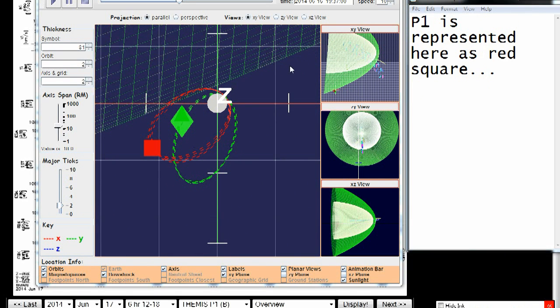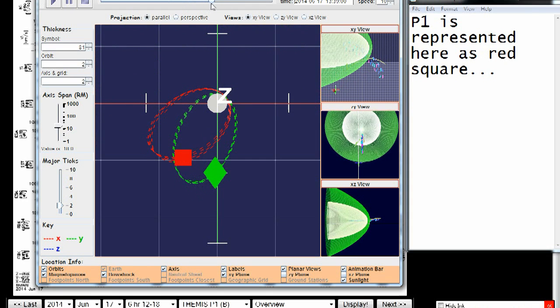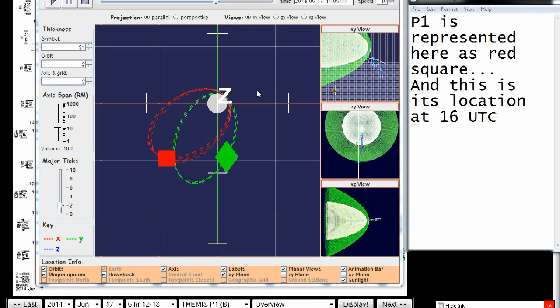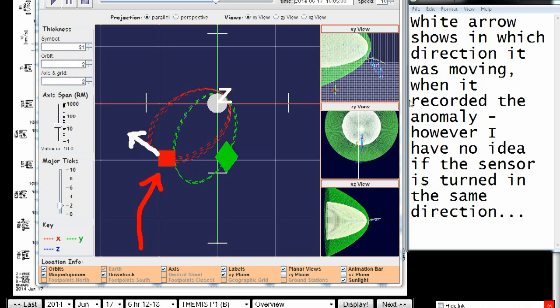P1 is represented here as a red square. And this is its location at 16 UTC. The white arrow shows in which direction it was moving when it recorded the anomaly. However, I have no idea if the sensor is turned in the same direction.